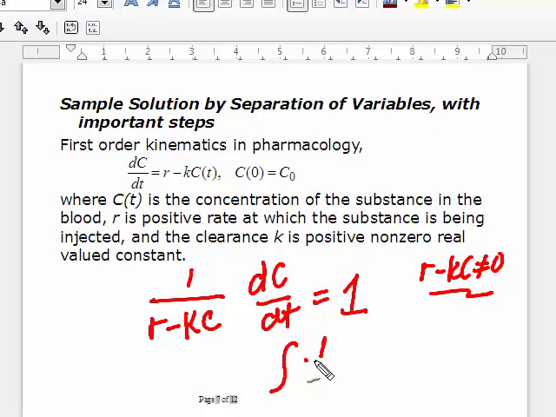So I'm going to be integrating 1 over r minus kc with respect to c, and I'll be integrating 1 with respect to t. Actually, I am integrating both sides with respect to time, but by the steps above I've changed this time integral into an integral with respect to c.